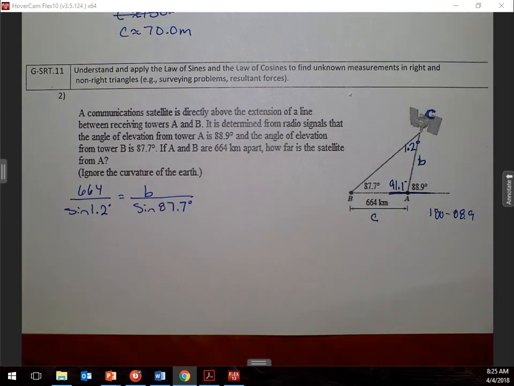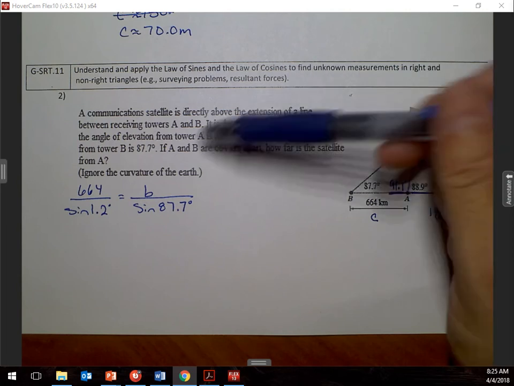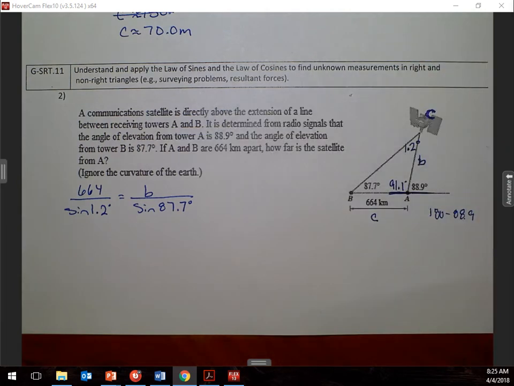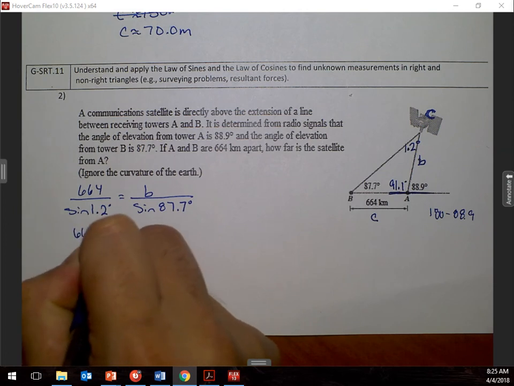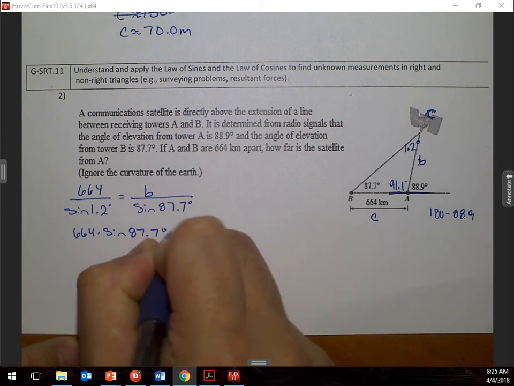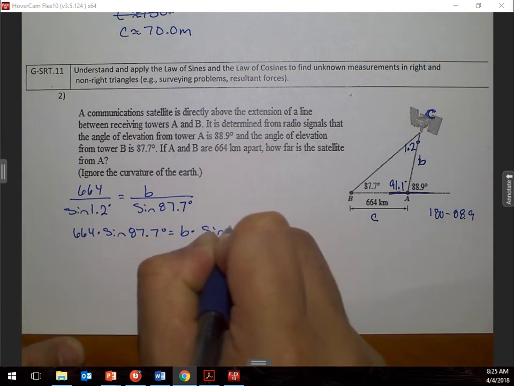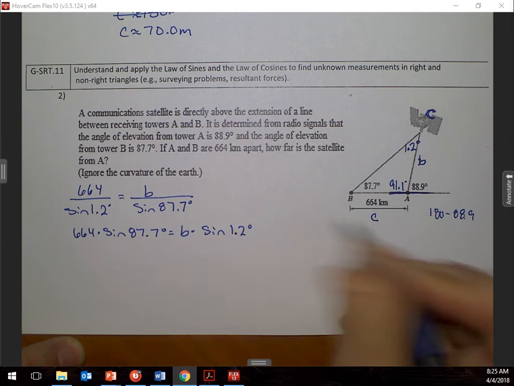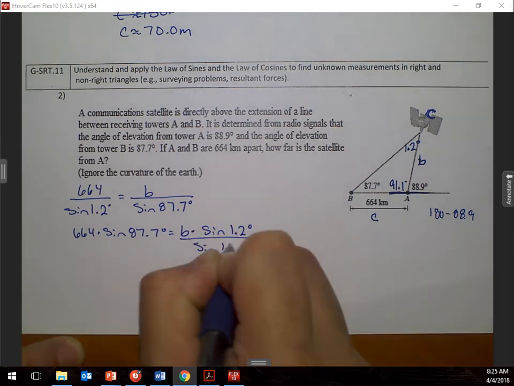Okay, so cross products again. 664 times sine 87.7 degrees is equal to b times sine of 1.2 degrees.